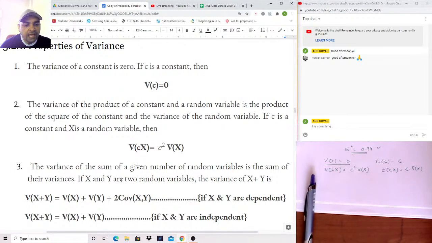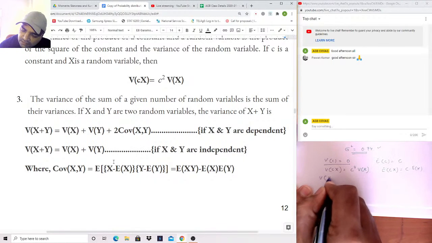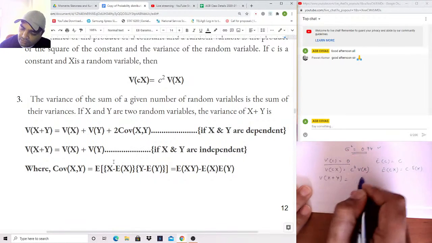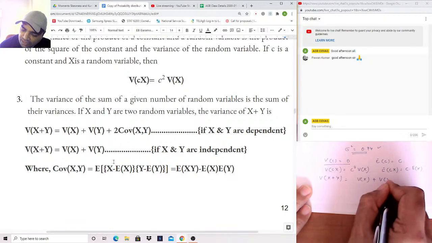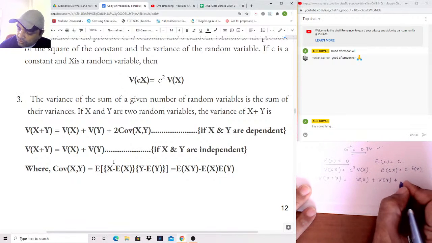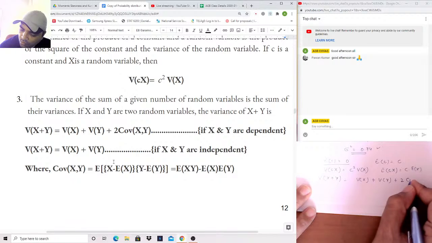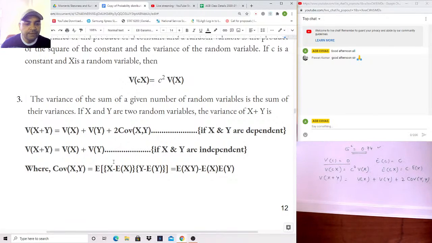Then if we have two random variables and we calculate the sum of these two, it will be equal to variance of x plus variance of y plus twice the covariance of x and y.